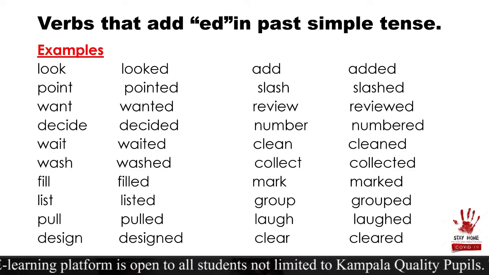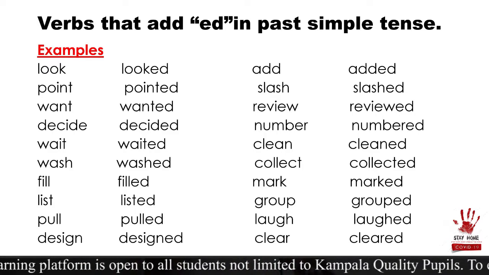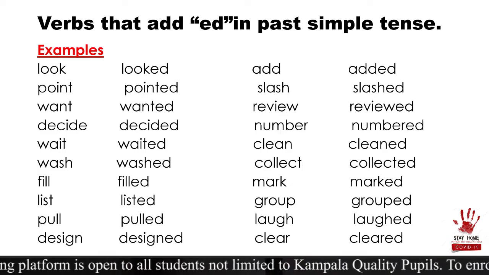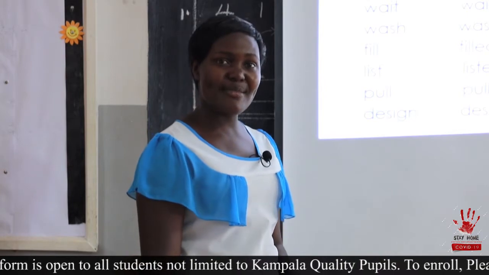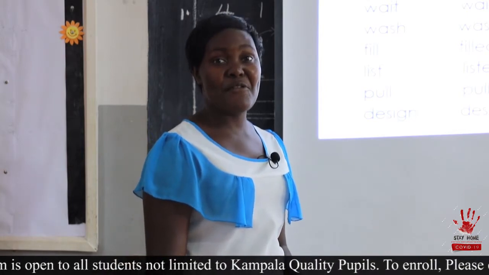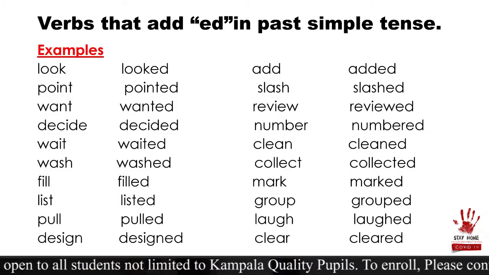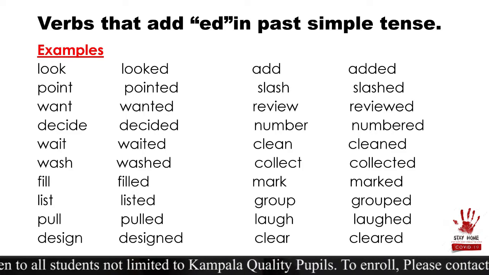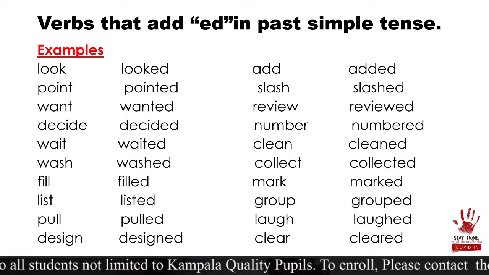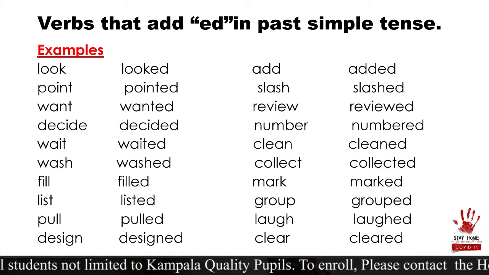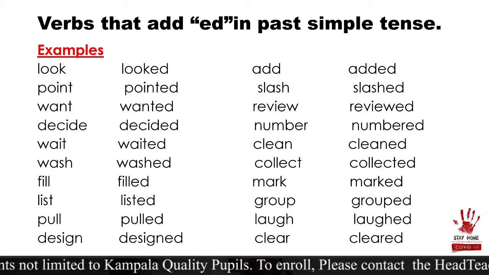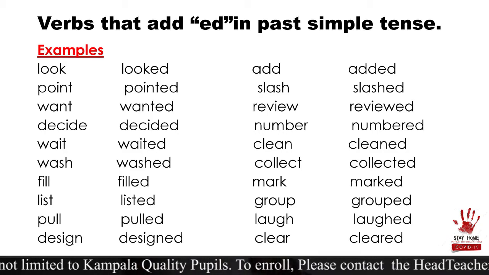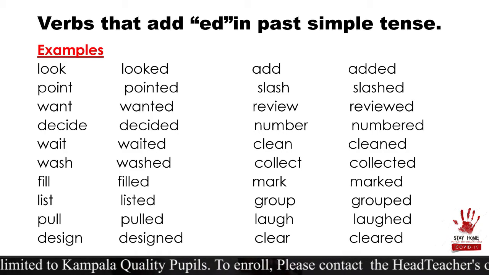Verbs that add ed in past simple tense. Here they are. I have some of them, but trust me, they are very many. So here we are. We have look. To change it to its past tense, you add ed to become looked. Point, pointed. Want, wanted. Decide, decided.